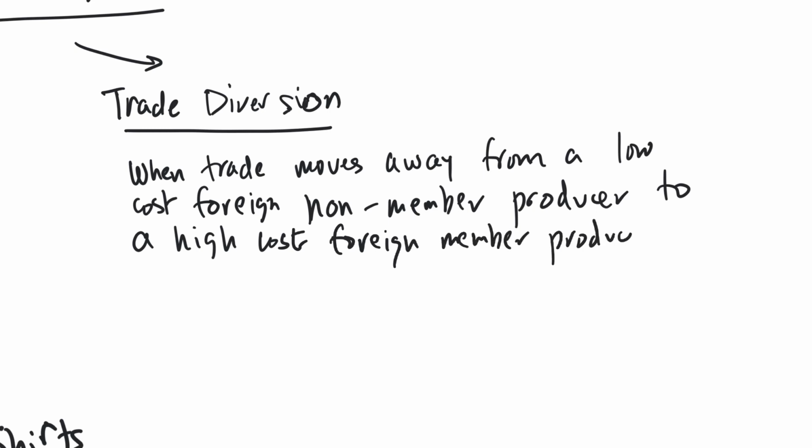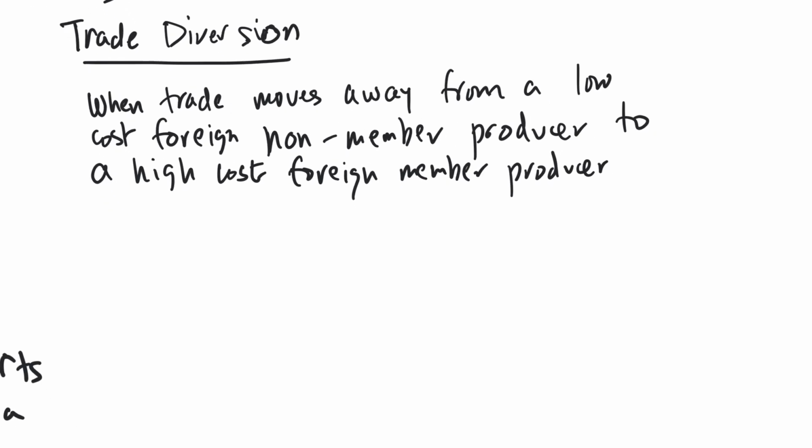So that's a little complicated. You have two foreign producers, one is member, one is non-member.